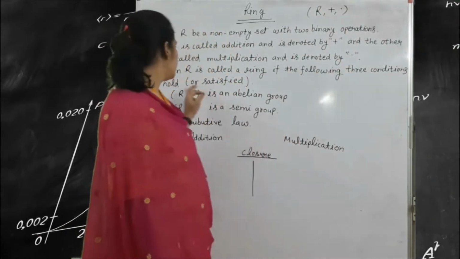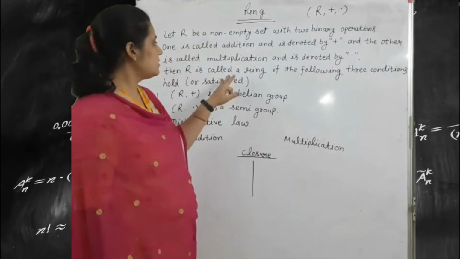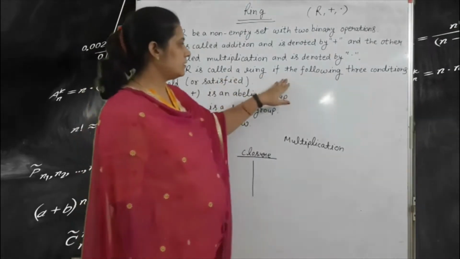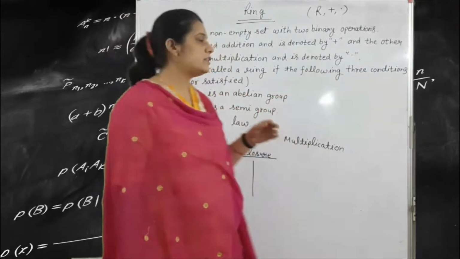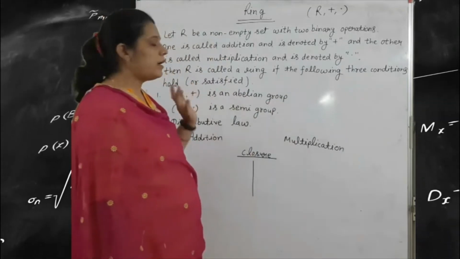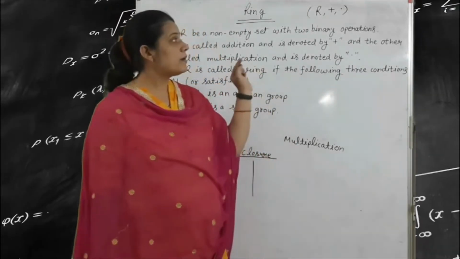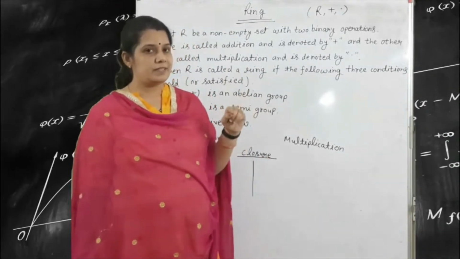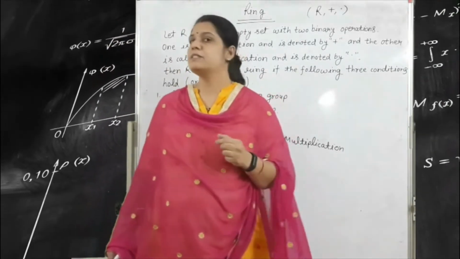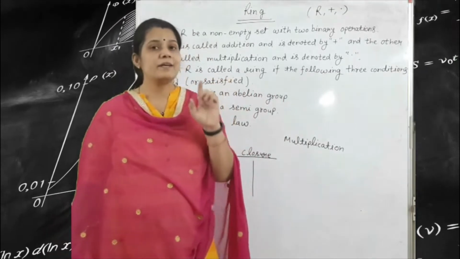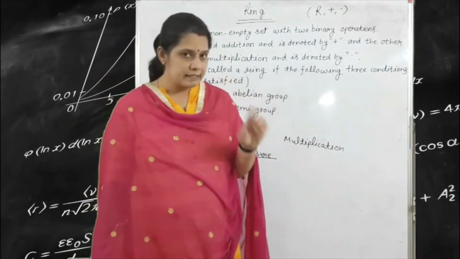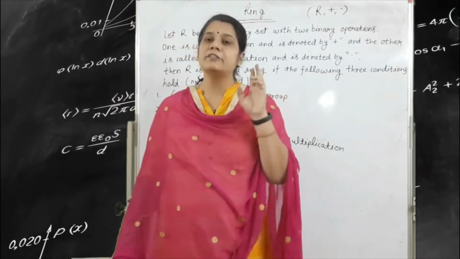Then R is called a ring if the following three conditions hold, or are satisfied. That means R, plus, dot is a ring if they satisfy the three conditions.